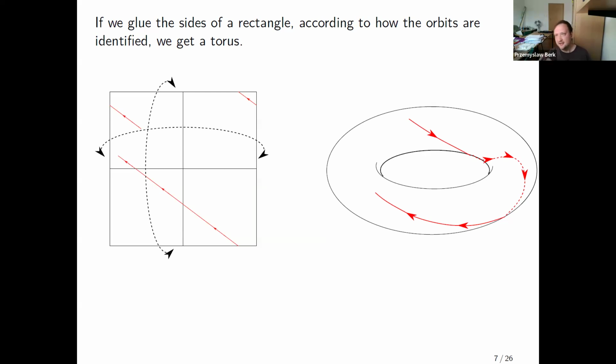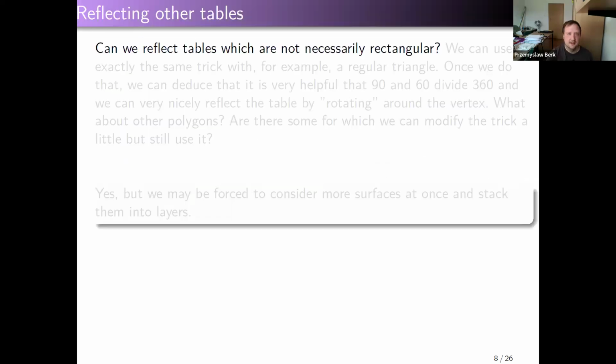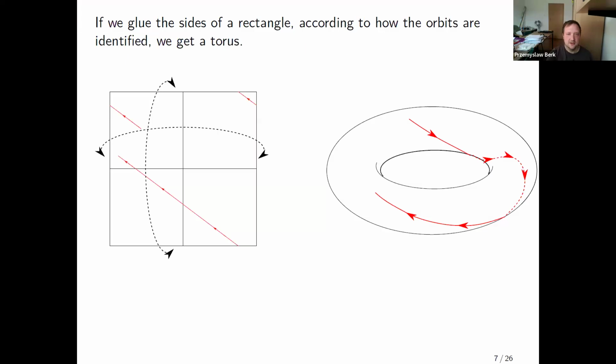To motivate a little bit, I don't want to get more into details of more complicated billiards, but what was very helpful in this unfolding picture is that the square or the rectangle has all angles 90 degrees, so we get the tiled surface, right?